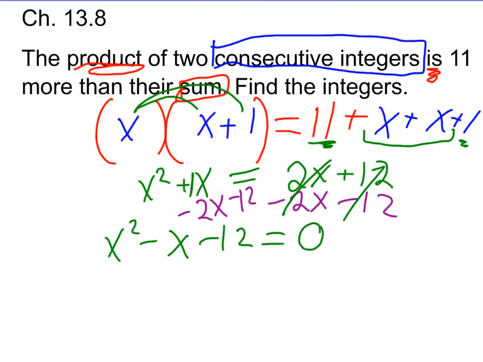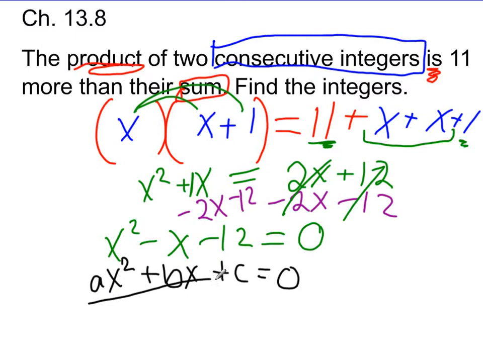Now this is the form of a quadratic equation. So a quadratic equation has ax squared plus bx plus c equals 0. And whenever we have it in quadratic equation form, our next step is to go ahead and factor the polynomial on the one side. Usually the left-hand side, just the way we like to see it look.